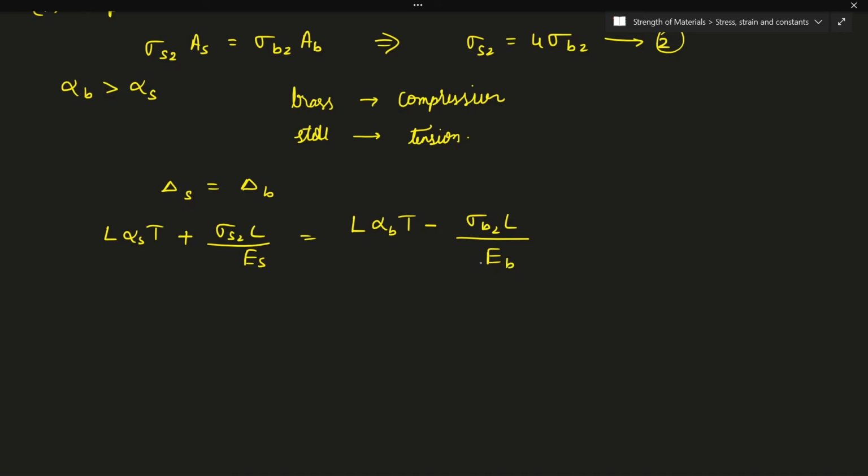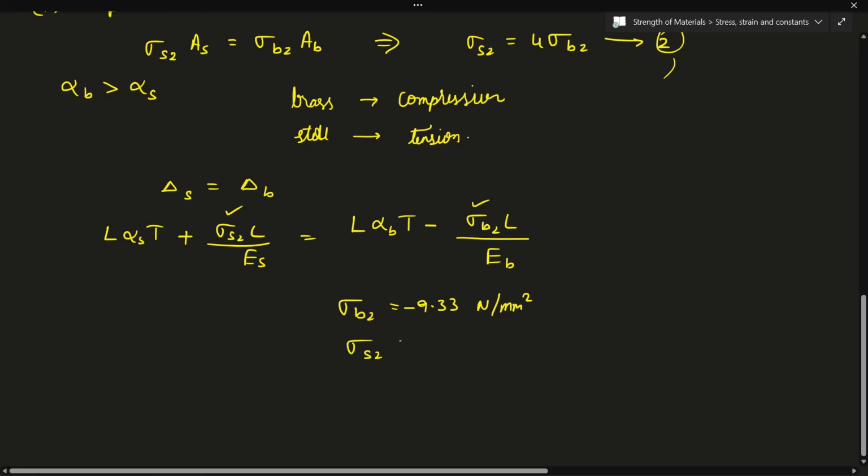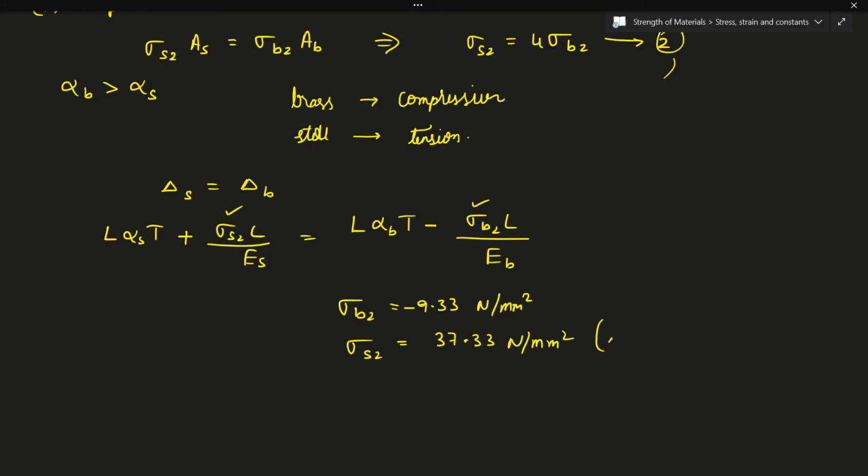Now if I substitute all the values, all of these values except these two are known, and I can make use of equation number 2 to substitute one in terms of the other. I can find out sigma B2 as 9.33 Newton per mm square. So this is compression because it is made of brass. And for steel, if I substitute this value in equation number 2, I'm going to end up with 37.33 Newton per mm square. This is tension.